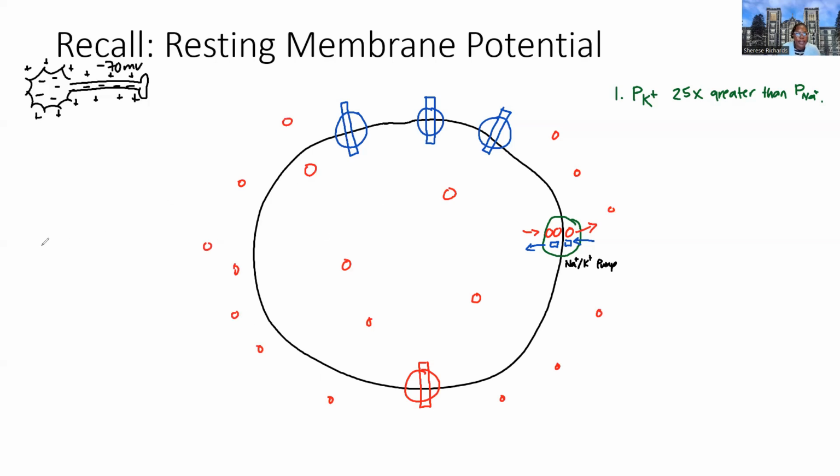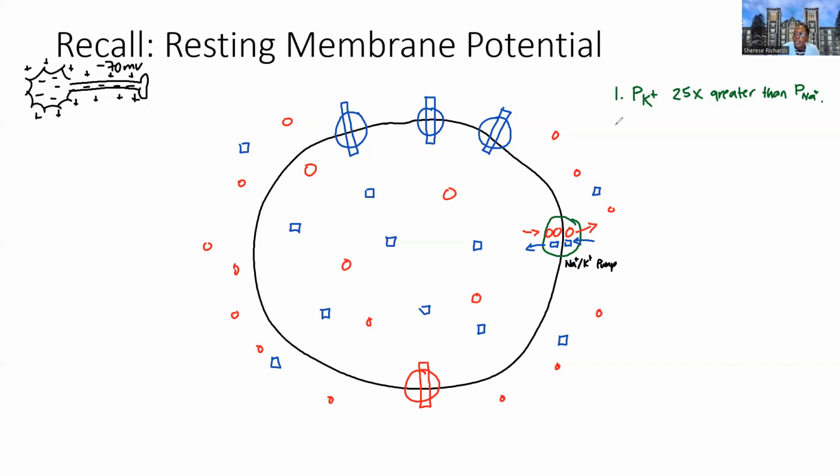And then for potassium, that is the opposite. We have a greater concentration inside the cell, and then a lower concentration outside the cell.